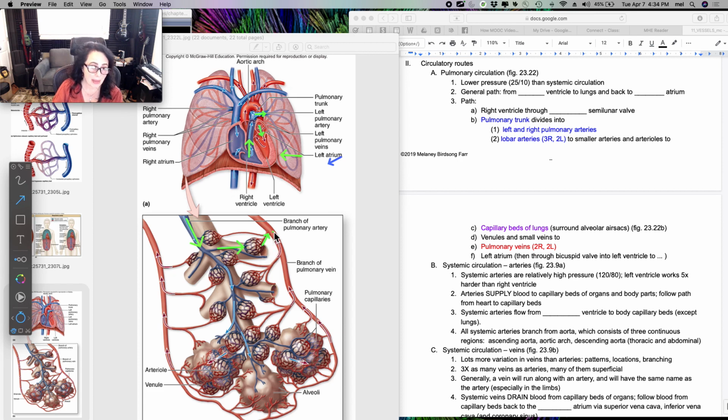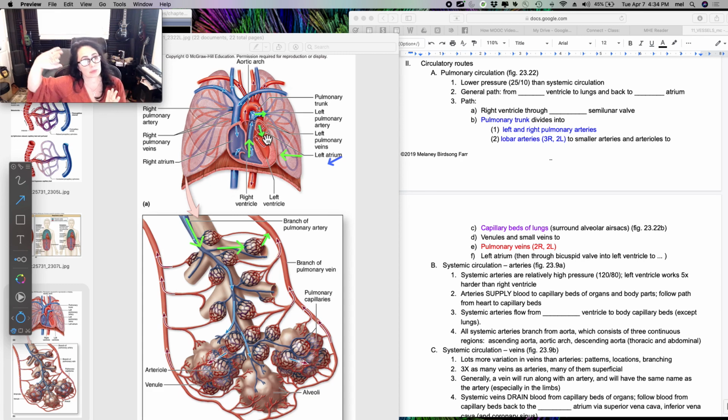And then it goes back into tiny little branches that are going to ultimately lead to the pulmonary veins. So it would go into little pulmonary venules and then bigger veins, and then eventually it would lead back to the right and left pulmonary veins with nice oxygenated blood that would dump into the left atrium, okay? And that would bring that oxygenated blood right back into the heart.